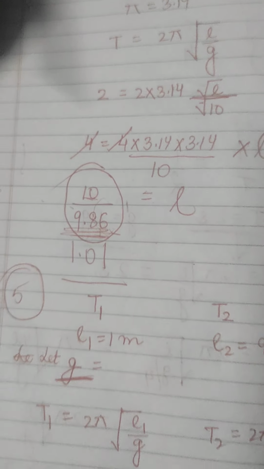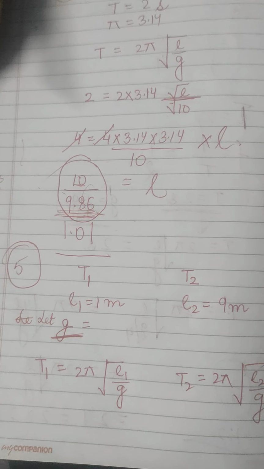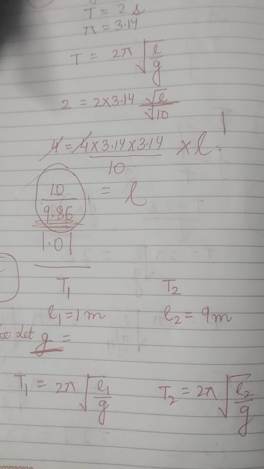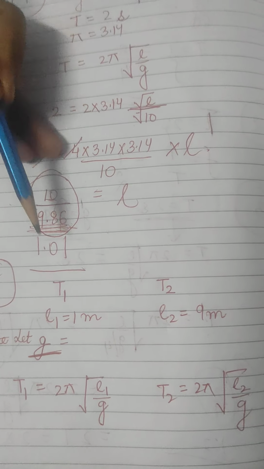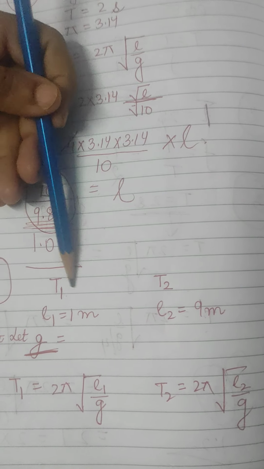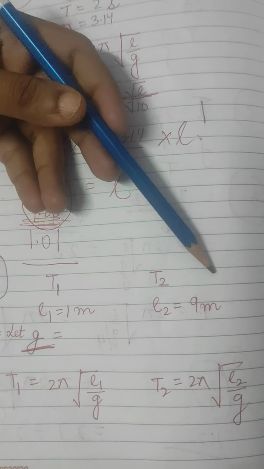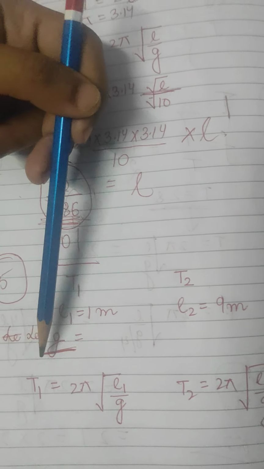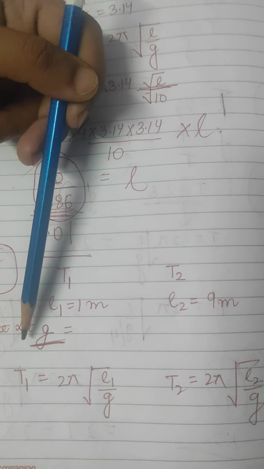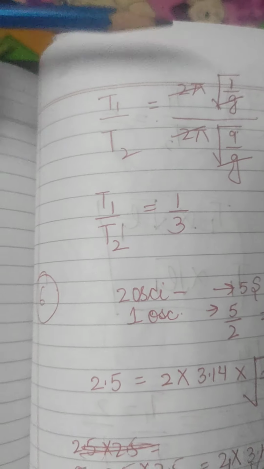Next we have the question that you have to compare T1 and T2. That is, compare the time periods of two pendulums whose lengths are given to you. So two pendulums, T1 and T2. Lengths are given to us, there is variation in lengths. See, g will remain the same, 2 pi will remain the same. You have to find the ratio of T1 upon T2. Now I am putting the values here.